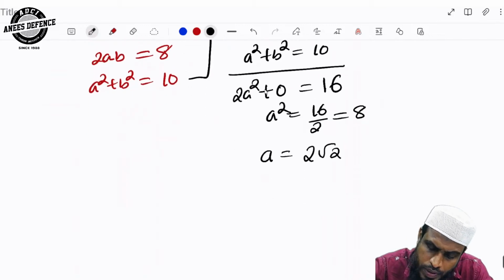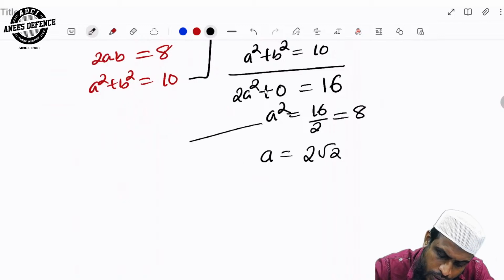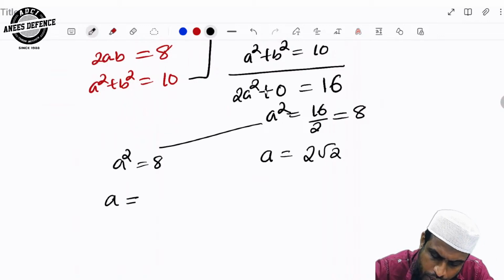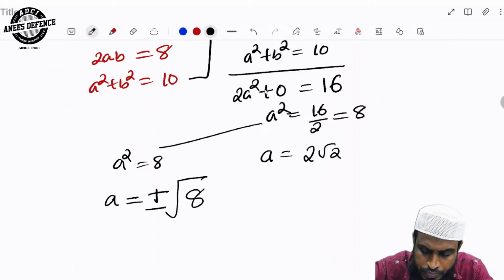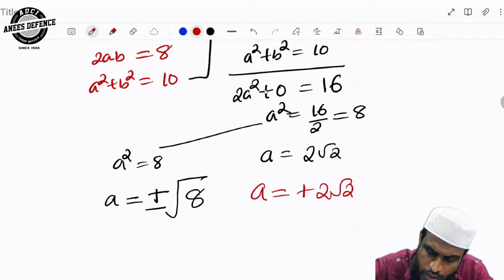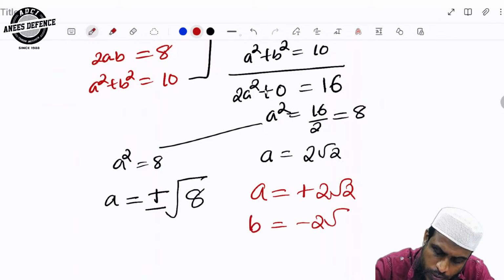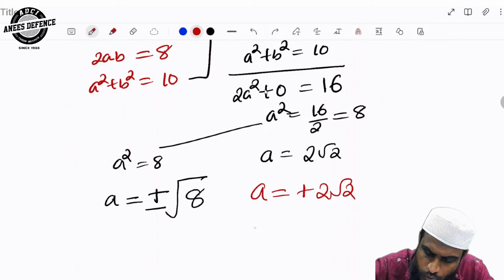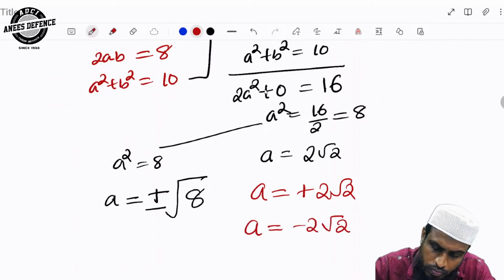But here a square equal to 8. So a can be plus or minus root 8. So you have to take two possibilities. One is a is equal to plus 2 root 2, and the other a equal to minus 2 root 2.